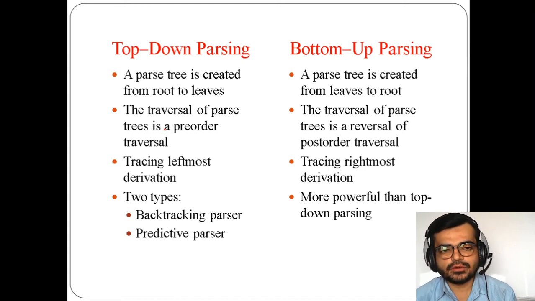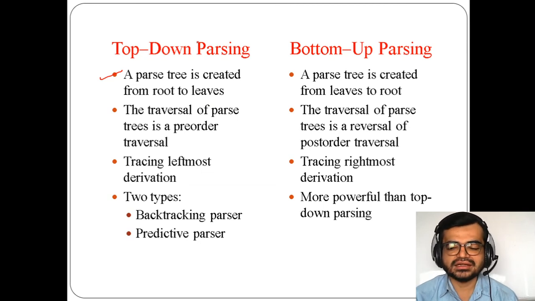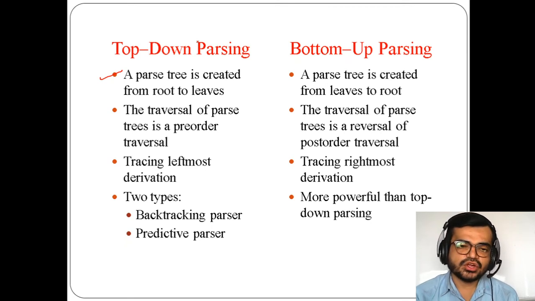Top down parsing is performed from root node to leaf node, that means from the start symbol. Context free grammar gives you a set of productions, which contains a start symbol. That start symbol is your root node, and the leaf nodes are your terminals.